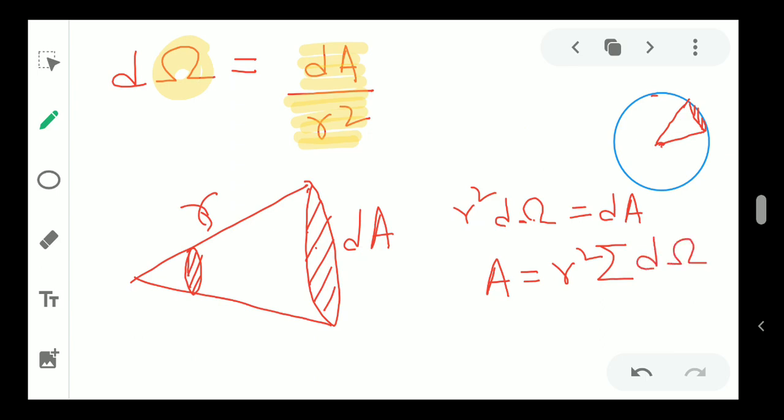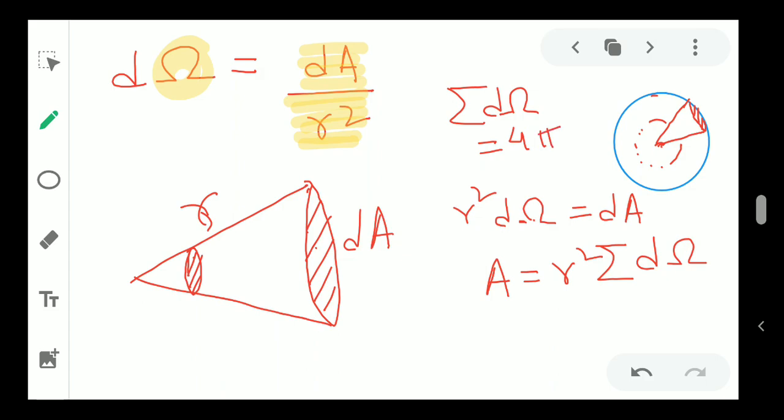Now one thing you have to know, but it will come later on anyway. Right now you just know as a fact that the total solid angle for one point is 4 pi. If you add all the small solid angles throughout the sphere, you will get 4 pi.